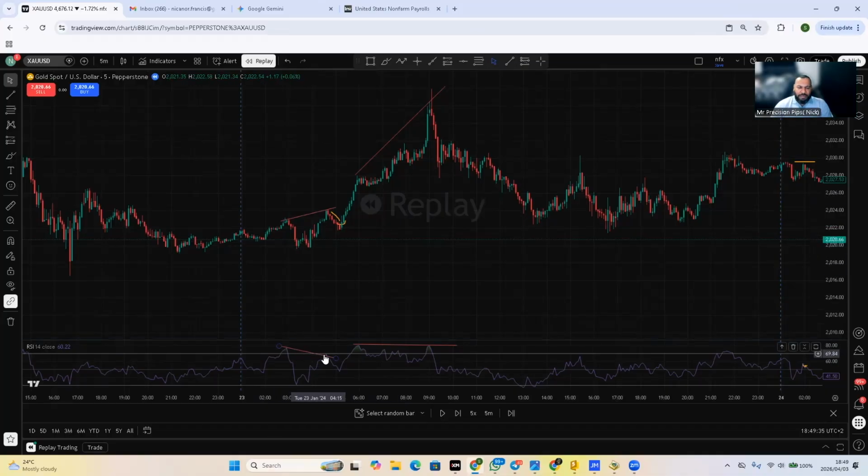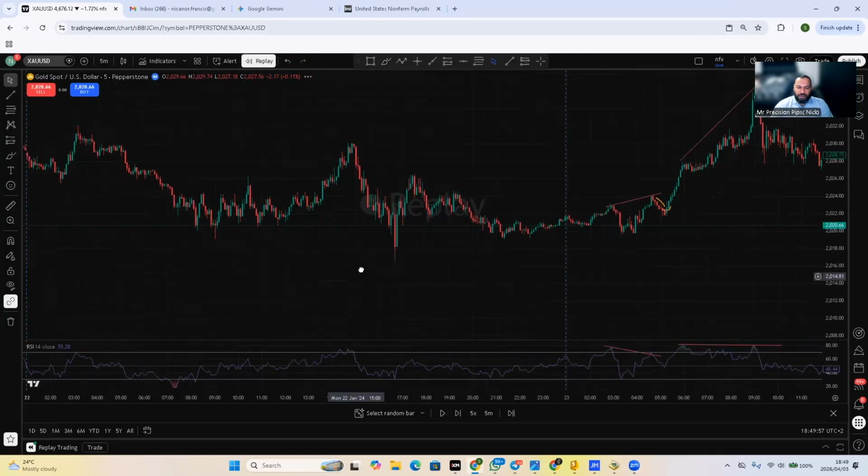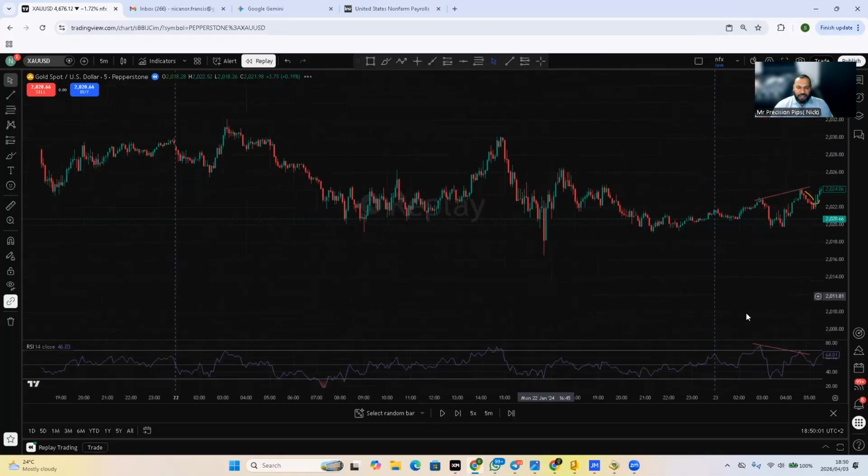How can RSI make a lower high? It doesn't make any sense, because that is a peek behind the curtain. Market makers want you to think that price is going to continue pushing up for a long time, and then suddenly, boom, we have a hard fall. Very, very simple.